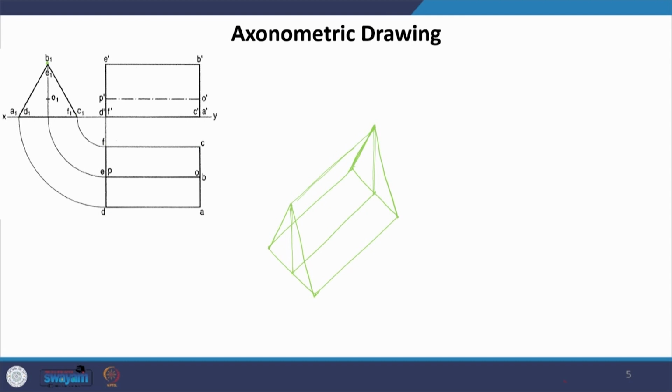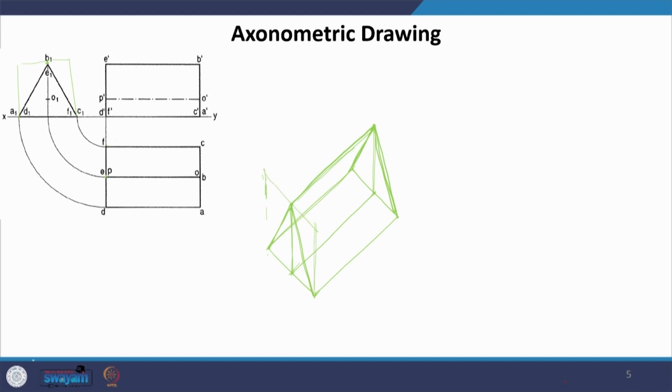All we have been doing here is whatever is seen in the plan, we draw it as it is, and then give each point its respective height, which is what we have done, and then we joined. If you want to verify it, you can actually draw the rectangle, bring it back here, and you will see that it is exactly what we have got here, even without going through the rectangle route.